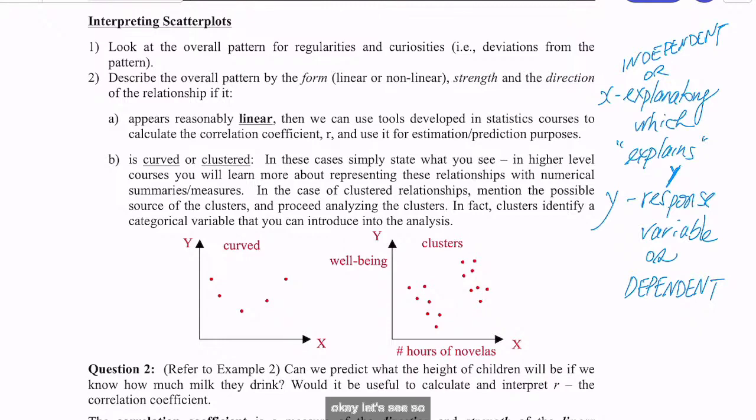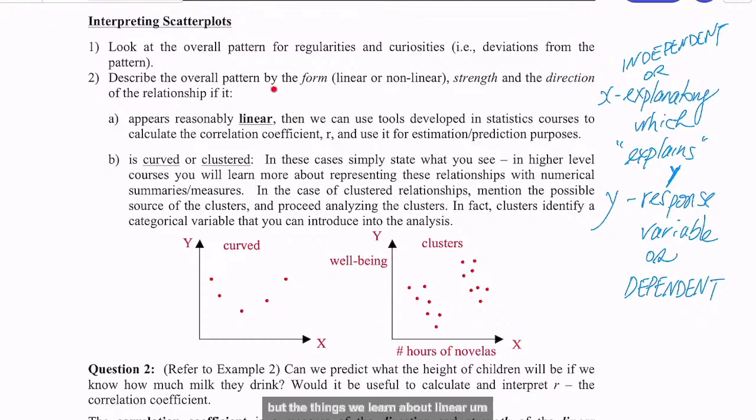Okay, let's see. So you would look at the relationship. If it's not linear, maybe you have a curve type relationship, or maybe you have clusters, okay? It's important that you note what you found descriptively, and if you have higher level statistics course training, or you're capable of reading a statistics manual, or even in economics, you can learn how to transform this variable so that you can make it a predictive relationship.